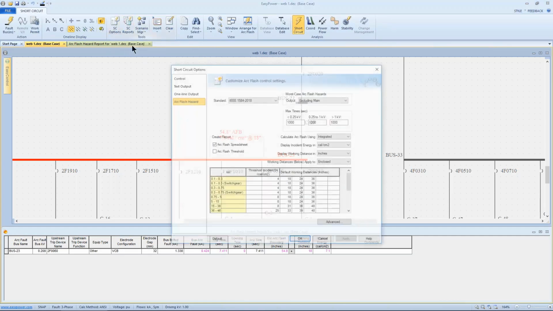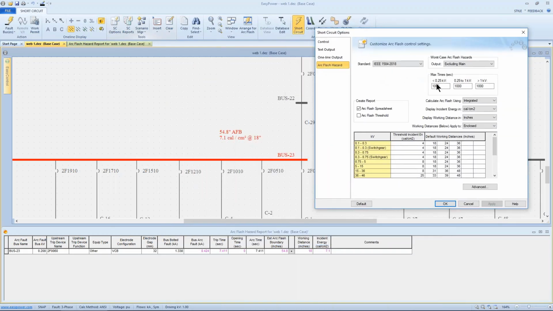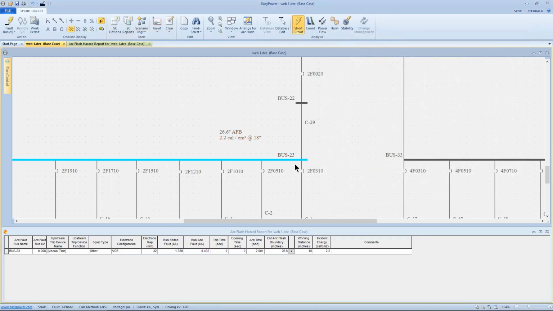If we go in and look at our short circuit options and apply a 2-second limit to everything under 240 volts or 250 volts, this is a circuit that's ideally suited for this exception. So now we have something in the 2 calorie range, and it's due to the fact that we've limited our calculation time now to 2 seconds.